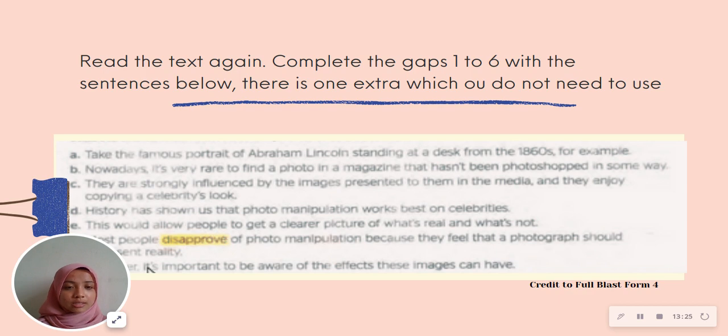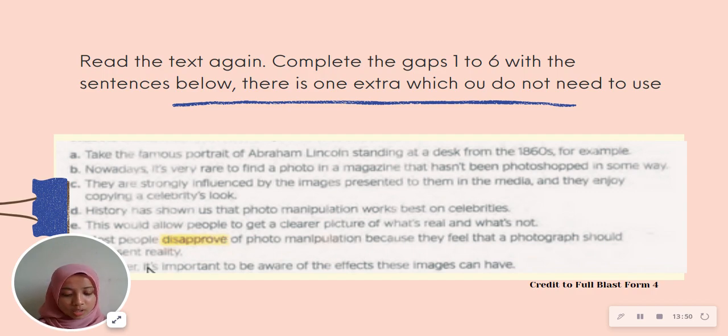B is the first sentence: nowadays it's very rare to find a photo in a magazine that hasn't been photoshopped in some way. The second sentence is D: history has shown us that photo manipulation was based on celebrities. Then A: take the famous portrait of Abraham Lincoln standing at a desk from 1860, for example.